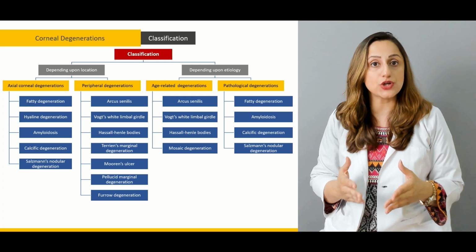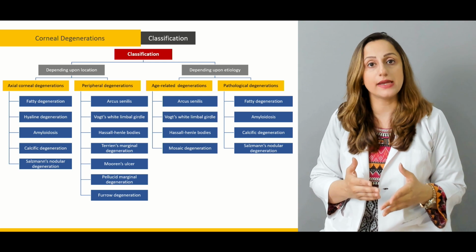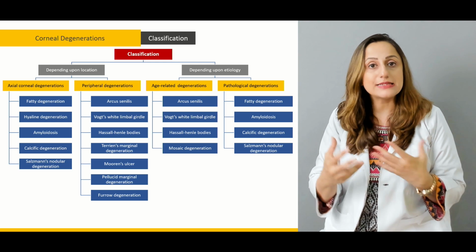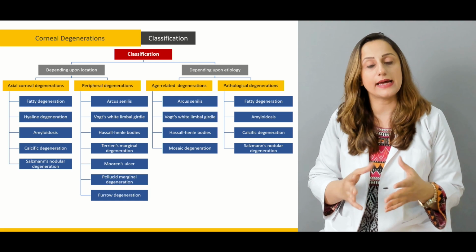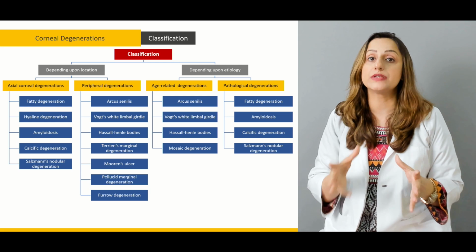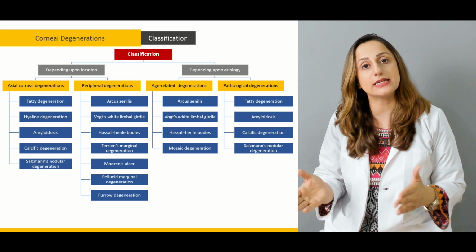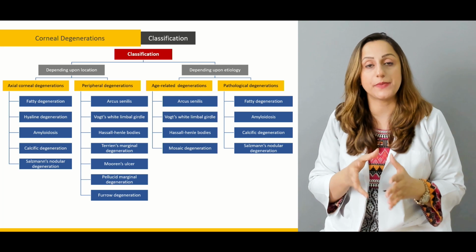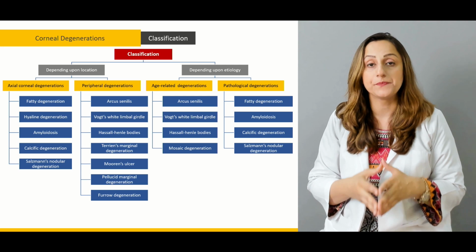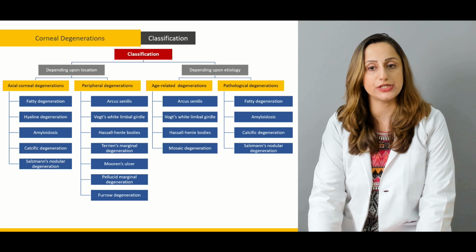You have a list of differentials in your mind whenever you are seeing these patients of corneal degenerations. You can list them down, then obviously perform the baseline investigations and finally get the definitive diagnosis depending upon the underlying pathology in these patients.